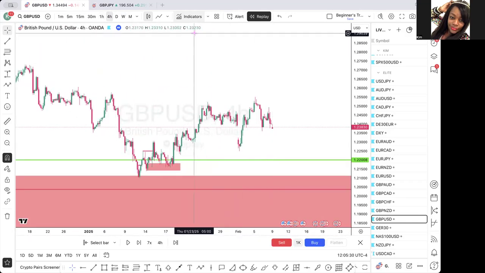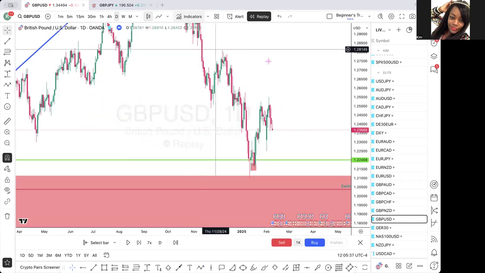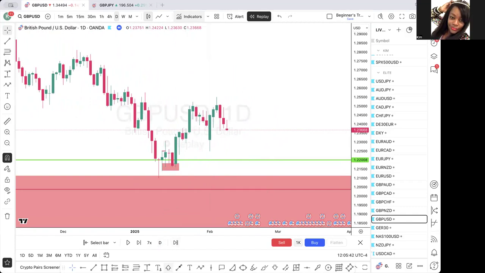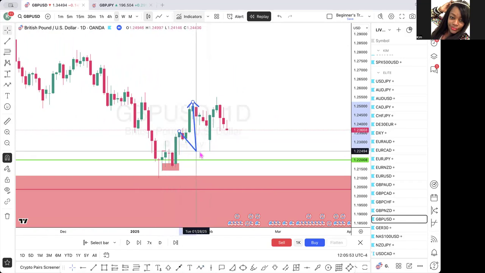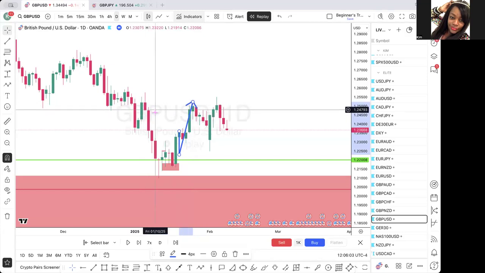If I go to a little higher time frame, whether it's the 4 hour or the daily, based on the daily, this was my structure. Push down here, and then price broke the structure, there's a wick right here that sold down, and then it bought up. Now, this was my zone.